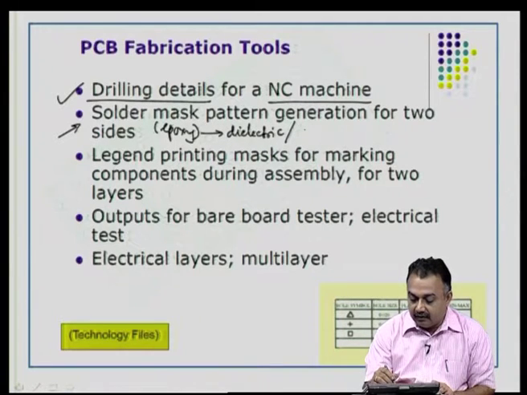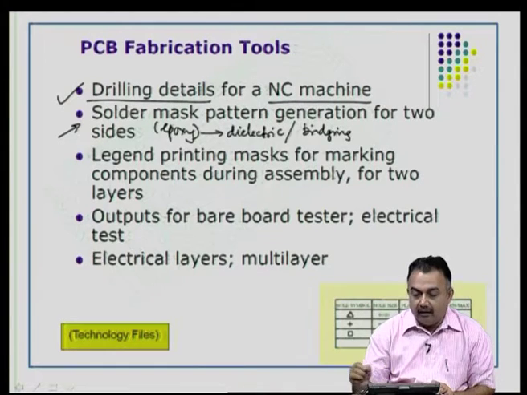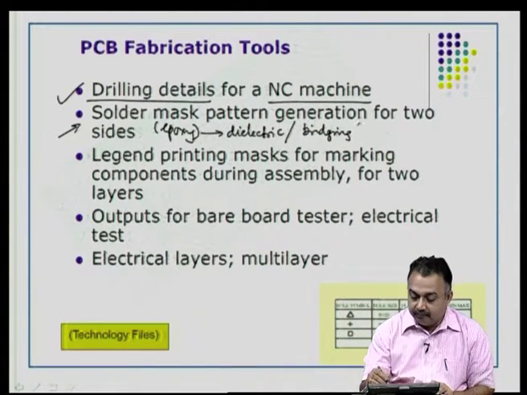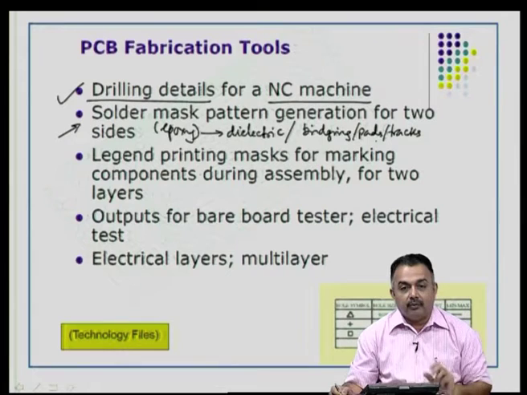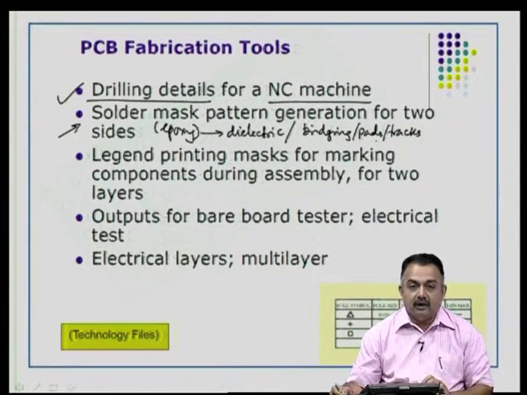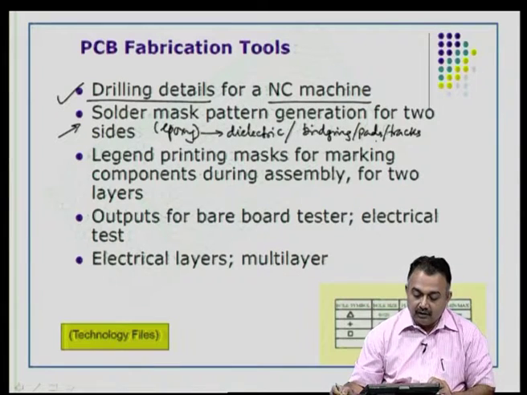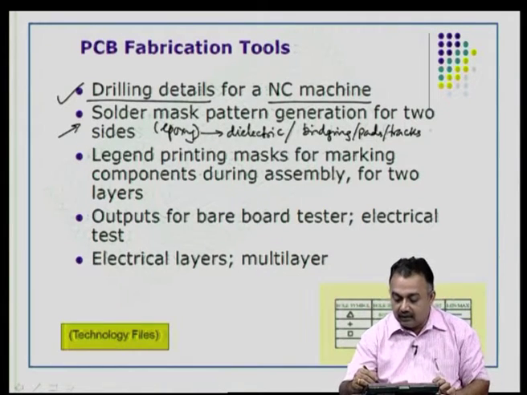it takes care of bridging of any pad or let us say your tracks, and it takes care of providing better electrical performance like elimination of crosstalk, noise and so on between two close conductors.